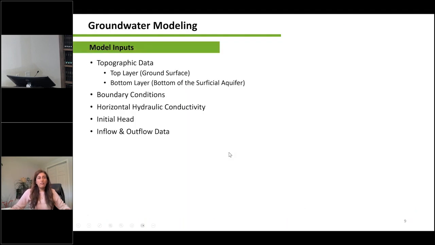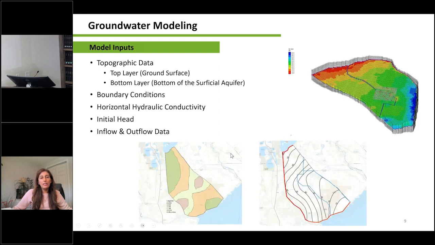So in order to develop the model, we need many input data, but some of the important ones that I can name here are topographic data, boundary condition data, initial heads, and inflow and outflow data. Everything is quite obvious, except the inflow and outflow.